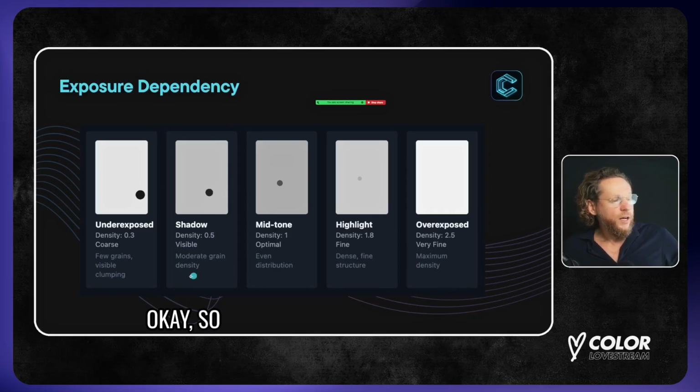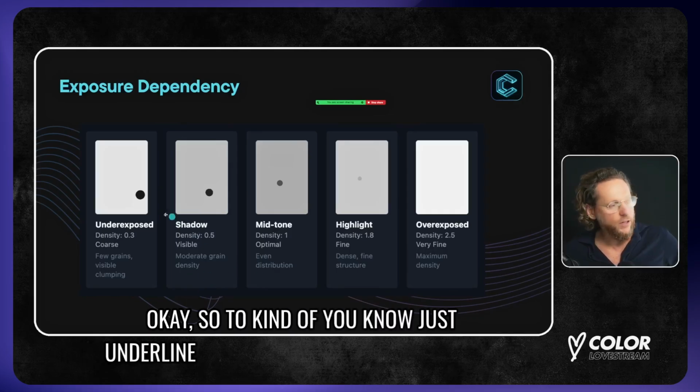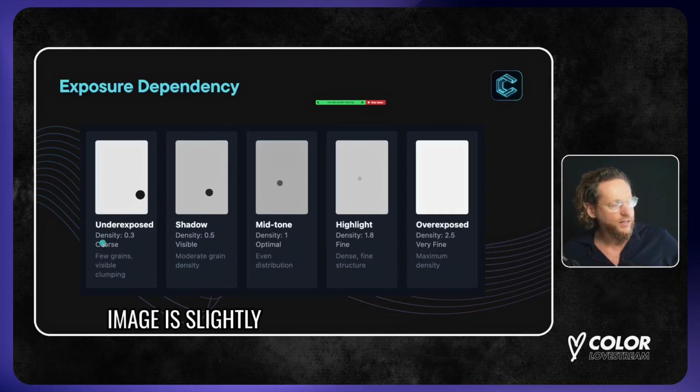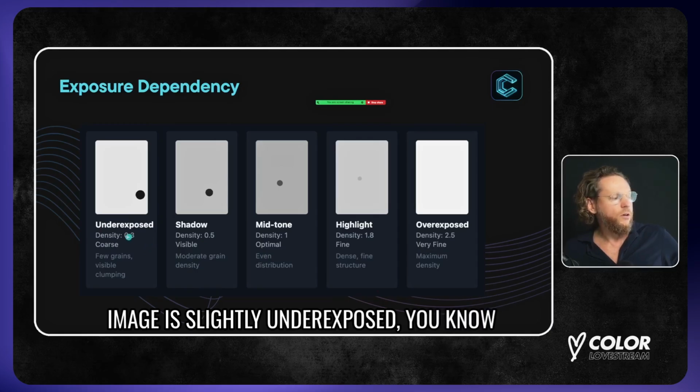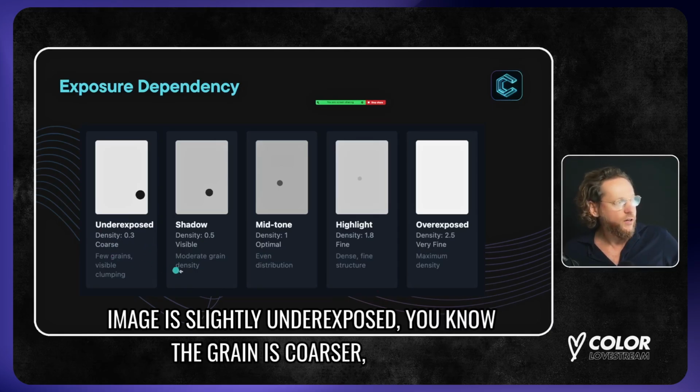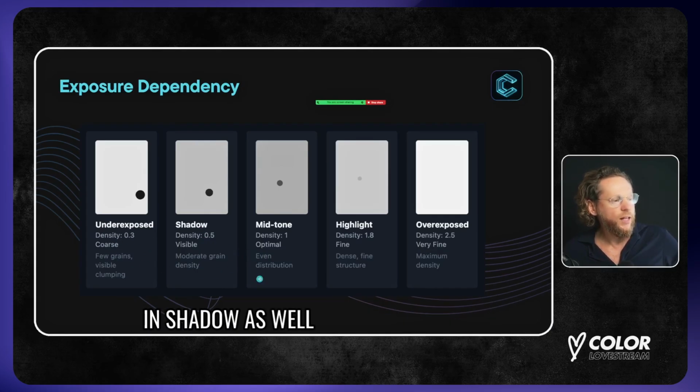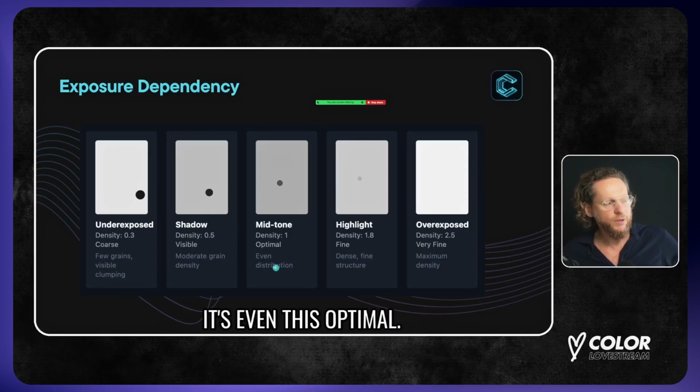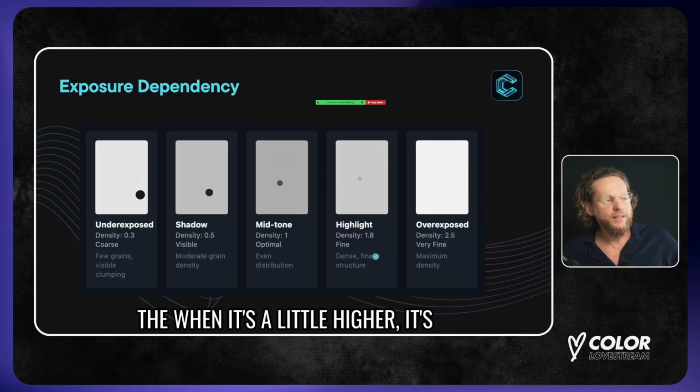Okay, so to underline one more time: when the image is slightly underexposed, the grain is coarser, right? In the shadows as well. In the midtone, it looks like an ideal size. It's optimal, it's evenly distributed. And when it's a little higher, it's fine grain, but it's getting a little denser.